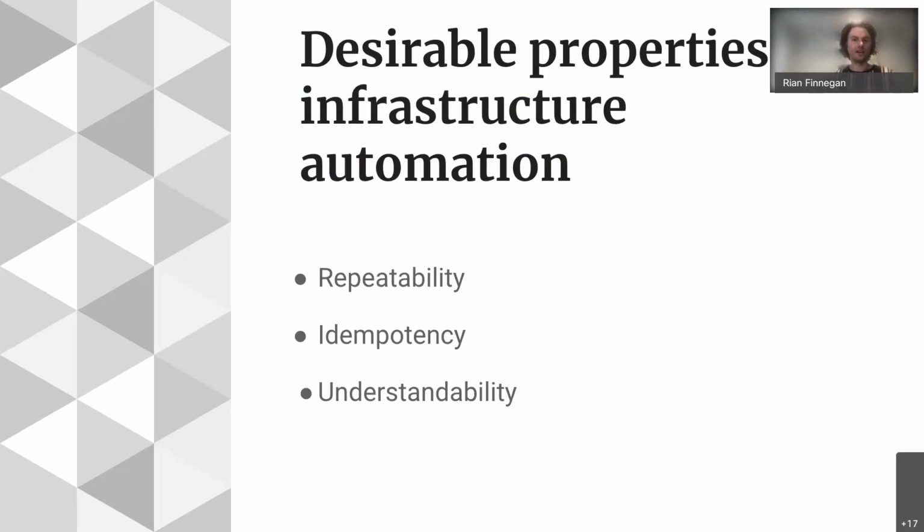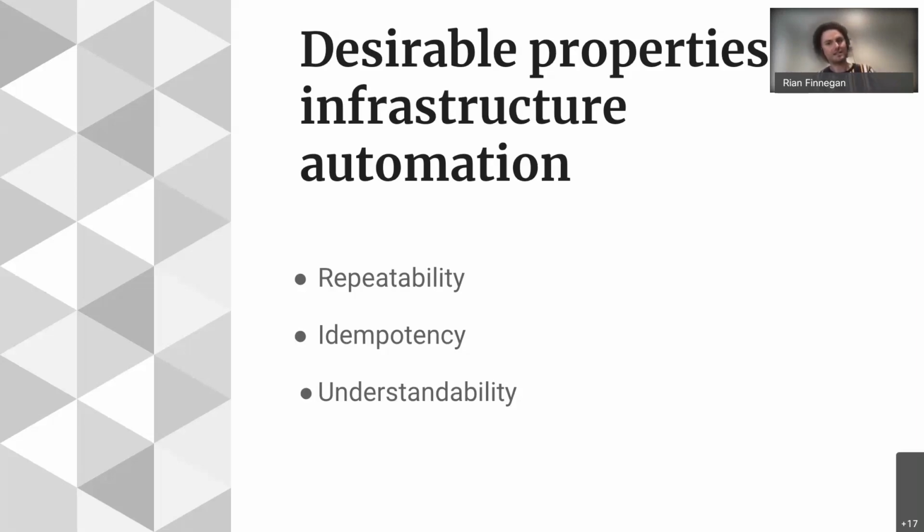The 3 I think are really important: repeatability, a property called idempotency, and another one called understandability. Repeatability is pretty clear. It means I can do the same thing more than once, and if I do it in different places, the same thing happens. That's a property we want on most of our tooling.